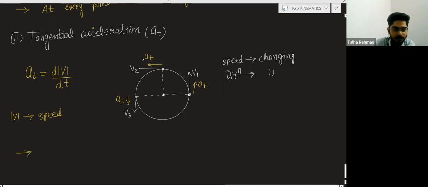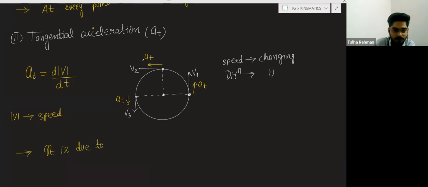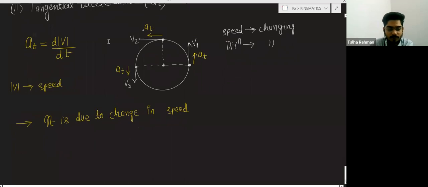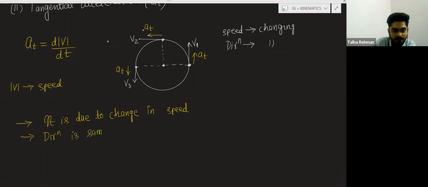So this acceleration is due to change in speed, and its direction is the same as that of velocity.